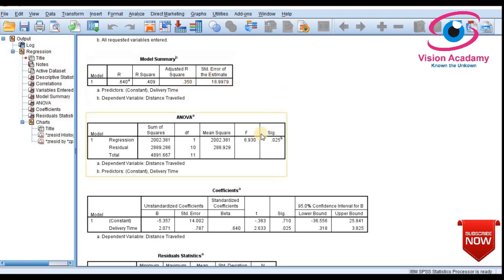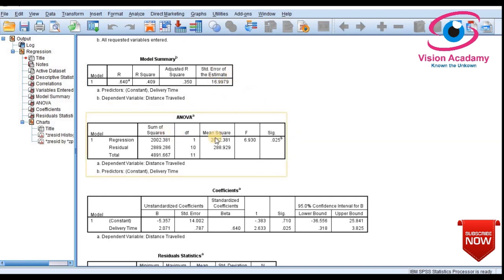In this case we have considered only 12 samples, so the variability is very small in the adjusted R square compared to R square. So adjusted R square says 35% of the delivery time can be predicted by distance traveled. The effect on the predictor variable by the dependent variable is 35% only, and the standard error in this case is 17%.